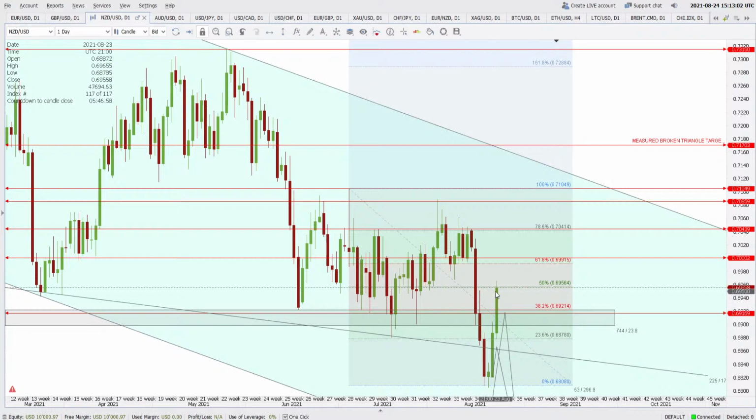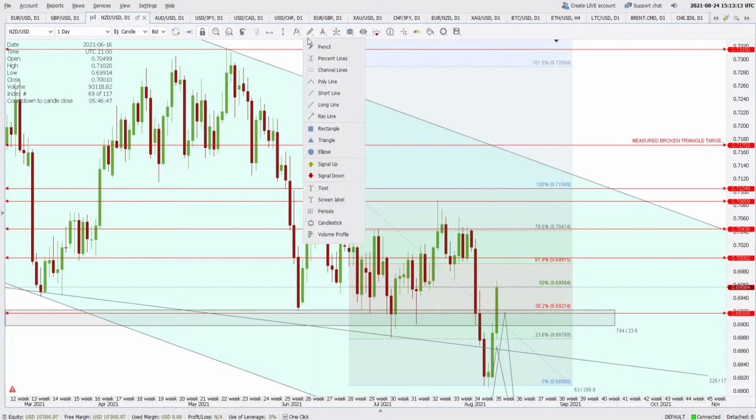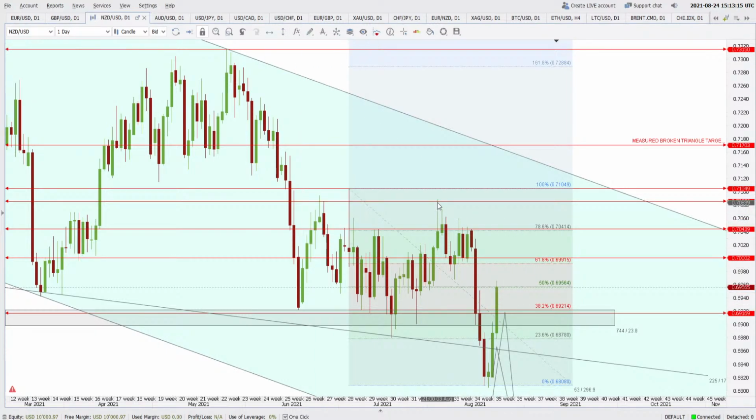And if the price is able to close the day above this, then the 0.7000 and 0.6991 range may be a good resistance for the price. And also you see, if we join these highs in a single line, then this becomes a confluence of resistance for today or tomorrow for the price. So this will be a very good opportunity for us to go short in the New Zealand dollar to the downside.